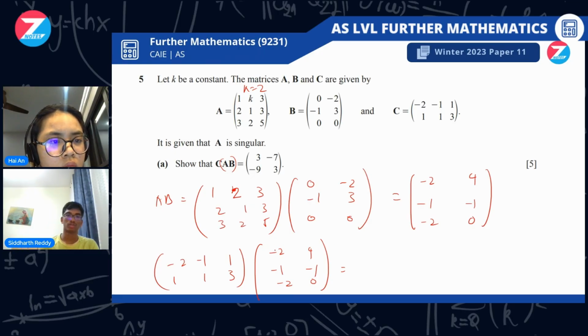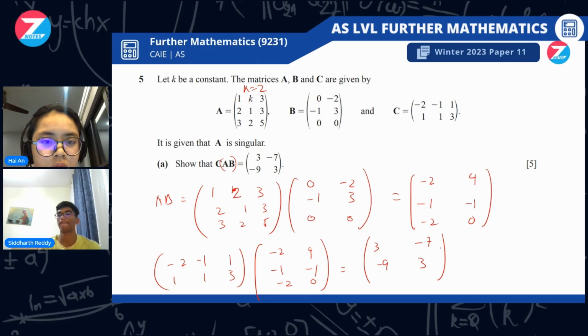So minus 2 times minus 2 plus minus 1 times minus 1 plus 1 times minus 2. Yeah, that's 3 on the top left. And similarly, just continue it out, and you're definitely going to get the thing which they gave, which is 3, minus 7, minus 9 and 3.